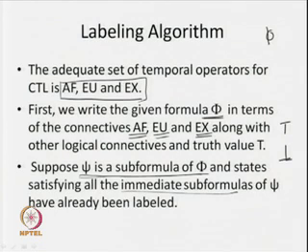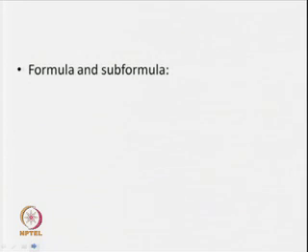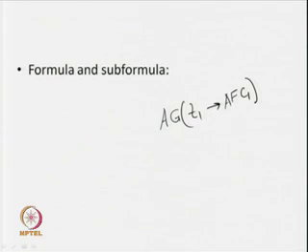As an example, take our mutual exclusion protocol example. We have seen properties like AG(T1 implies AF C1). This is a CTL property: in all paths globally, if T1 is true, it implies that in all paths in future C1 will be true.